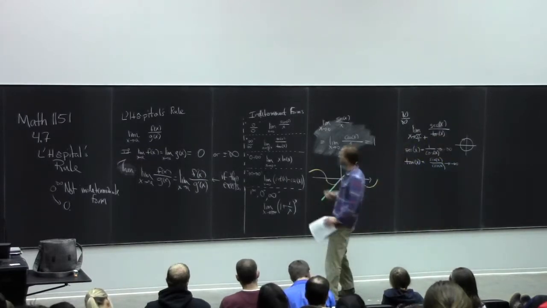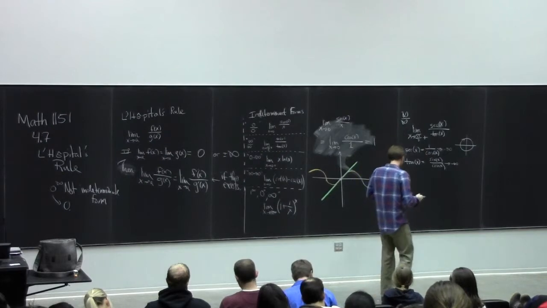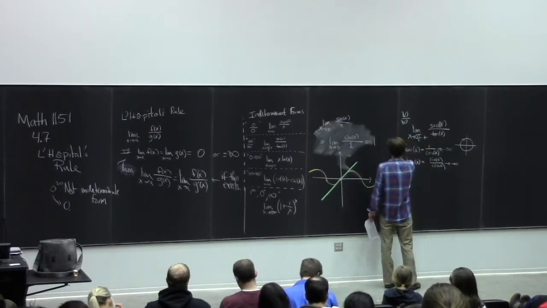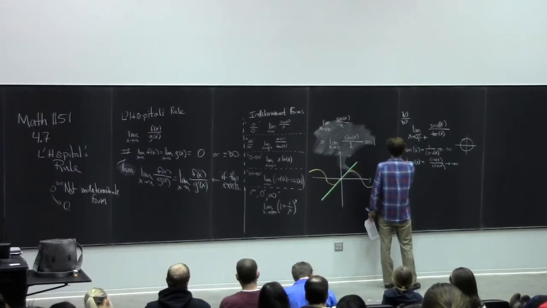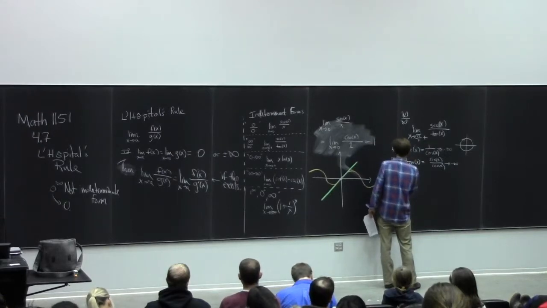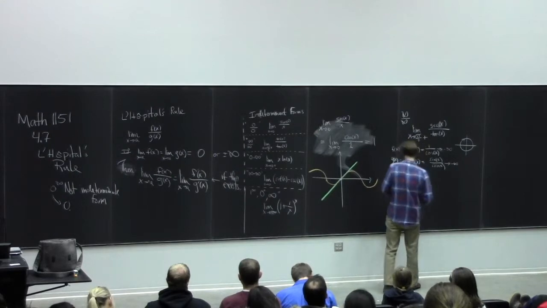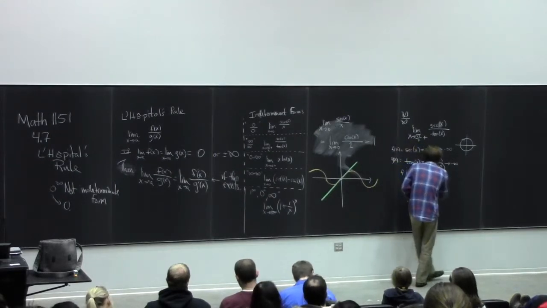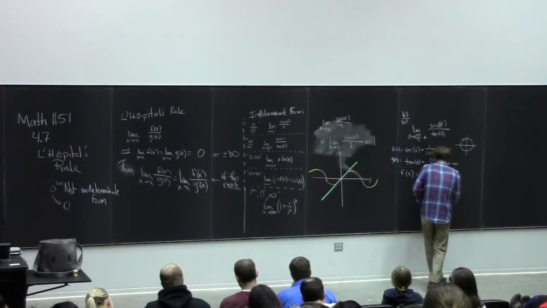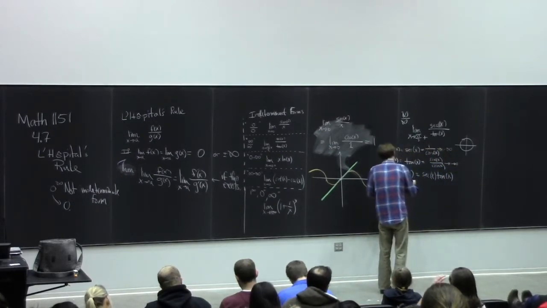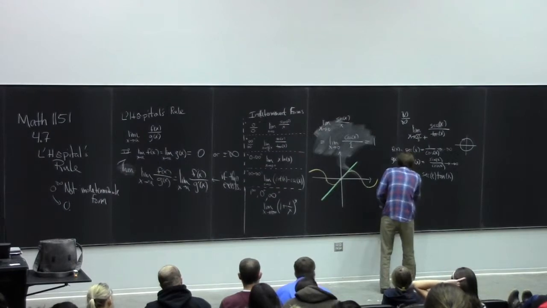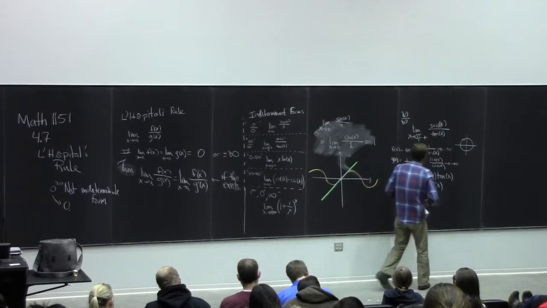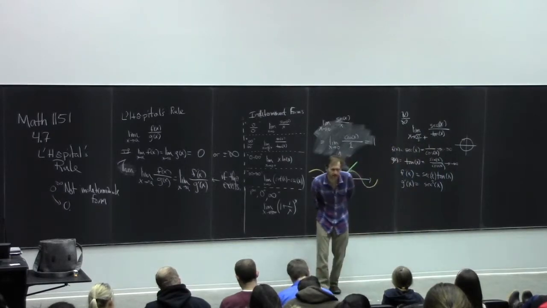Okay, well this is perfect for L'Hopital's rule here. If I call this one f of x and I call this one g of x, f prime of x, the derivative of secant, is secant of x tangent of x, and g prime is equal to secant squared of x. Is that correct?